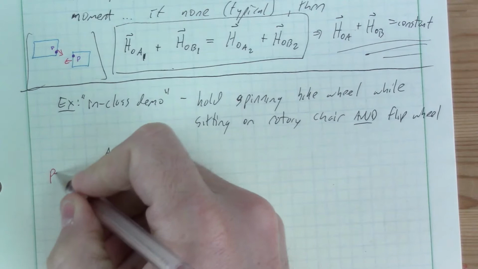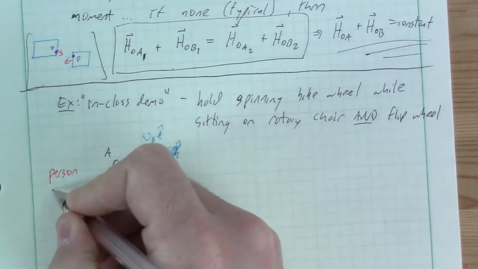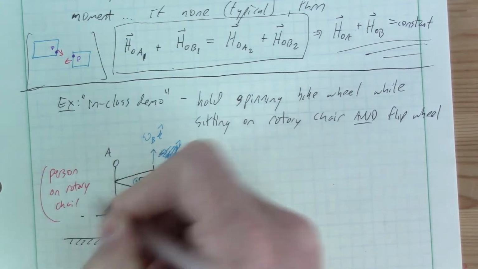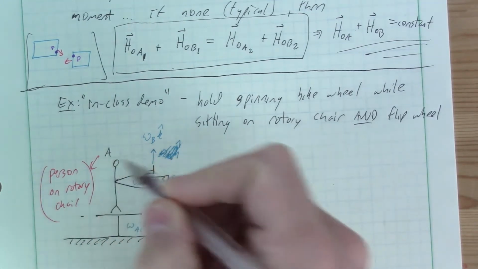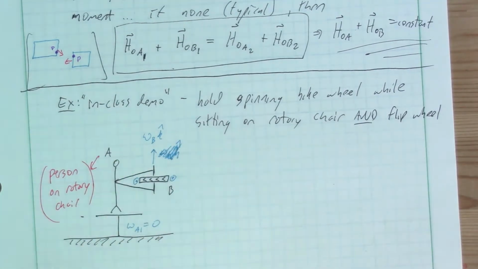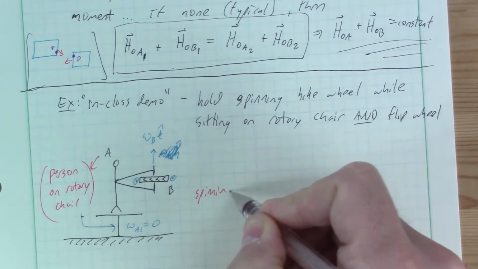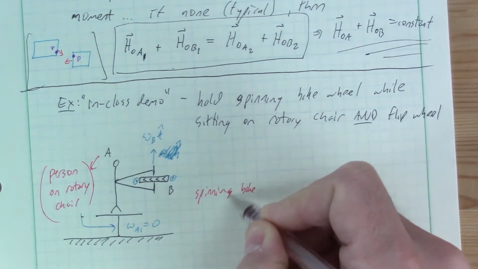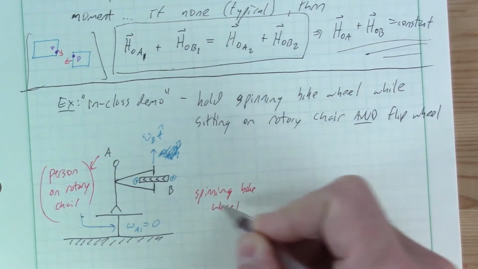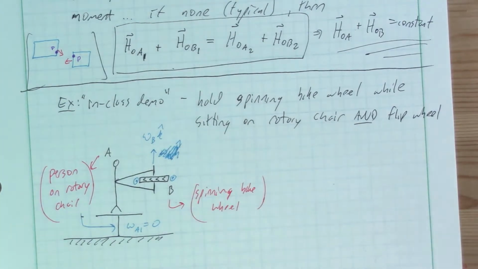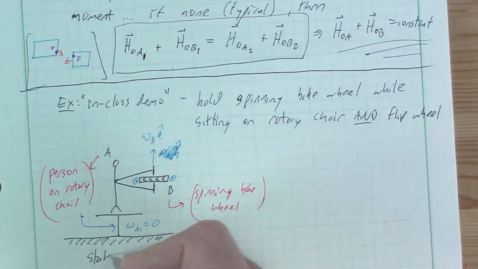A is a person on a rotary chair or platform, currently with no rotational motion. And B is a spinning bike wheel. I keep saying tire, that's just the outer part. Let's label this as state 1.